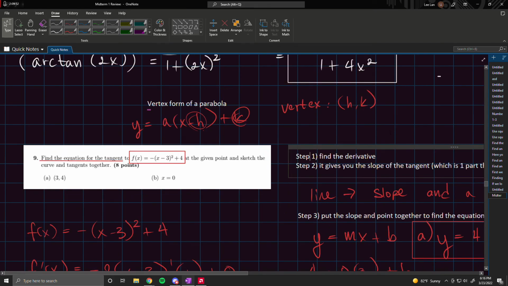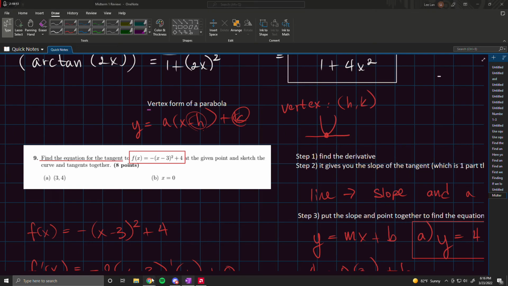We don't really need to look at the graph, but let's see what's going on at the vertex. At the vertex, the slope will be flat because it's a minimum or a maximum. In this case, a maximum. And it makes sense that our slope is 0. It should be at a maximum. Anyway, let's graph it just to see.